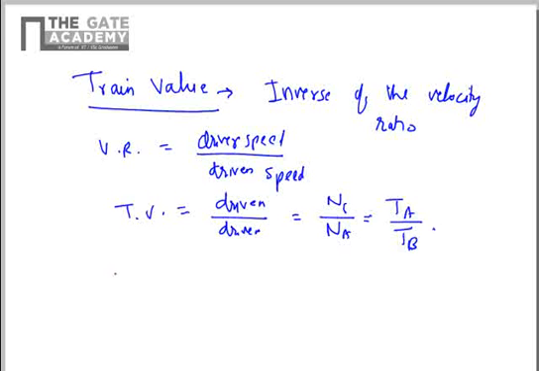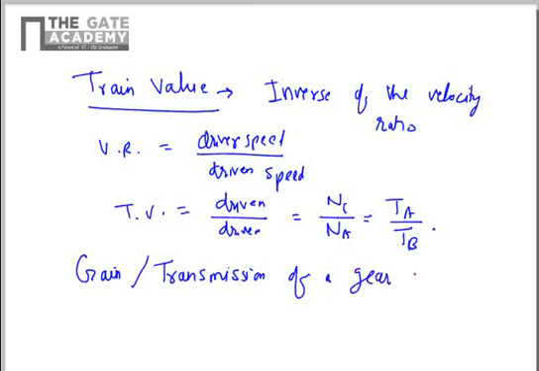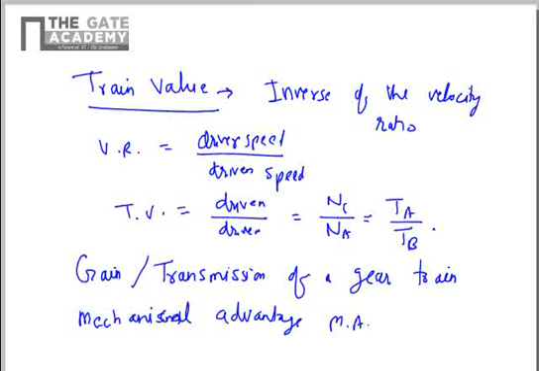Now another important definition for gear trains is the load transmission or gain or transmission of a gear train. This is also similar to the mechanical advantage that we have defined earlier in chapter 1 on mechanisms, mechanical advantage, MA.